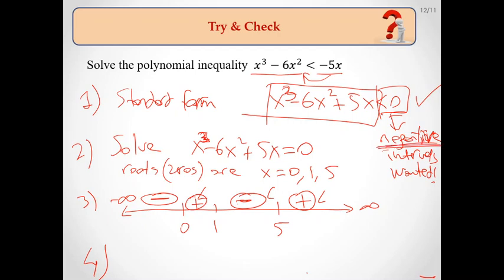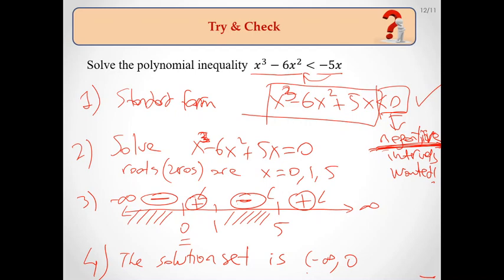So it has to be negative that is wanted, okay, negative. So this wanted and this wanted. So you say negative. The solution set is: we take minus infinity to 0. Okay, 0, this or this? Which one? No equal sign.